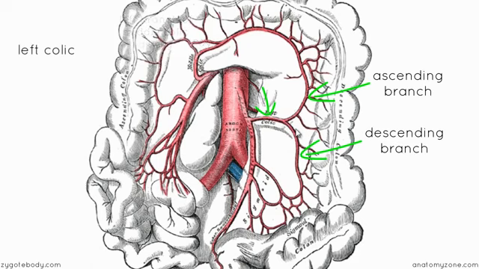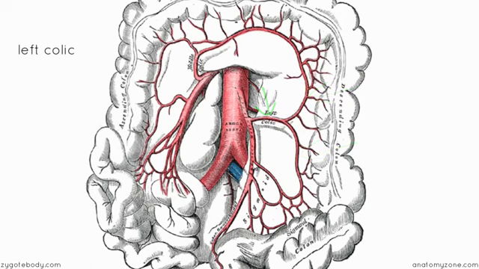So the descending branch descends along the descending colon and sends off branches to supply the descending colon, and it anastomoses with the next branch down. So just below the left colic artery you've got several vessels which come off the inferior mesenteric artery, and these are the sigmoidal arteries, and you've got quite a few of these.